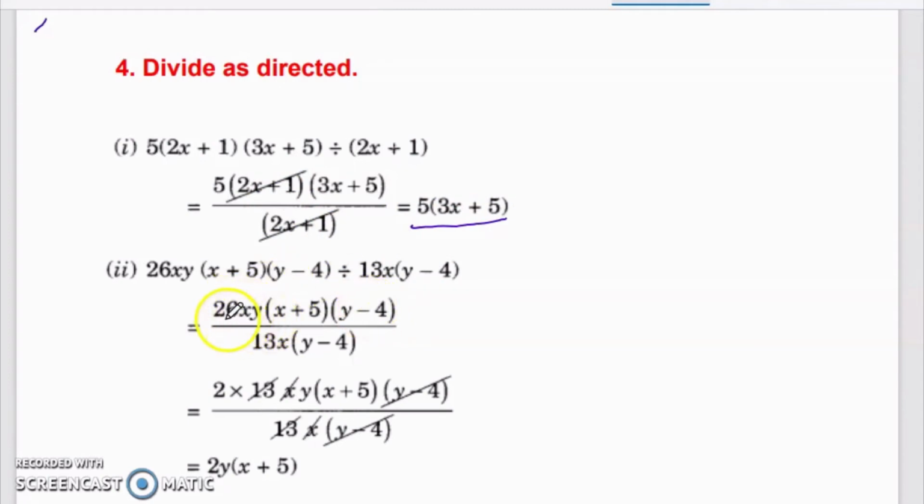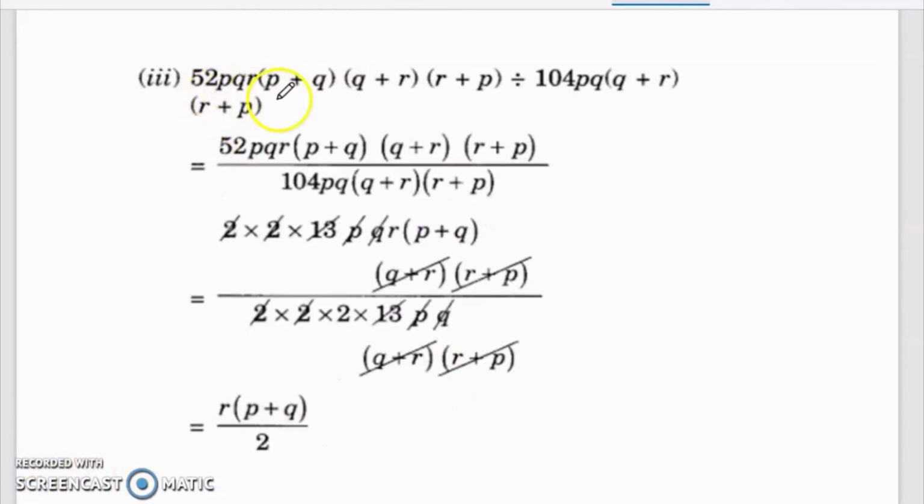The next one is 26xy into (x + 5) into (y − 4) divided by 13x into (y − 4). So here also this (y − 4) is there in both numerator and denominator. You can cancel it out. x is there and 13 and 26 also you can cancel out. So the final answer will be 2y into (x + 5).